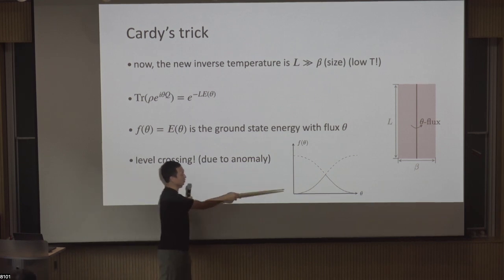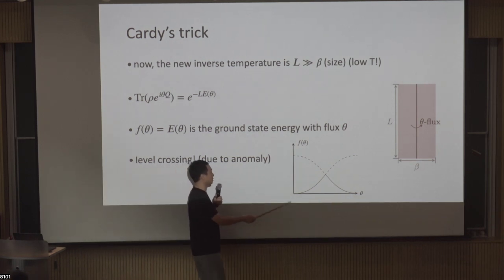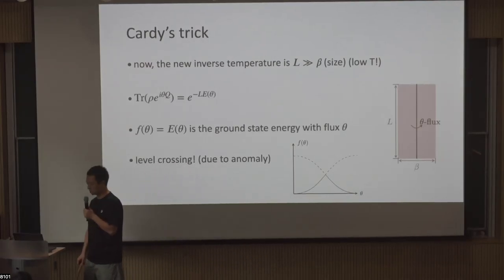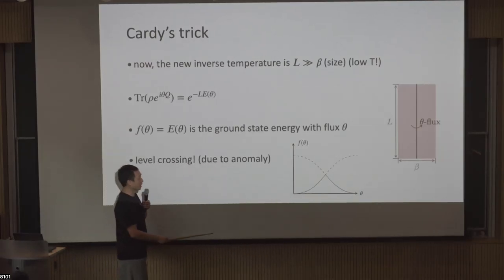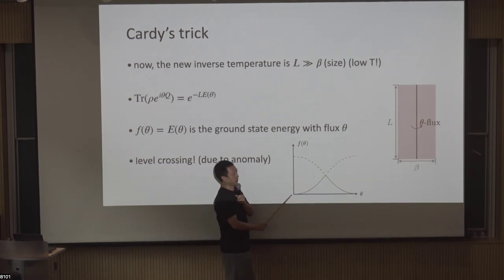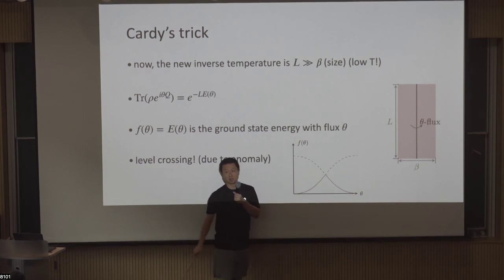You can go up or go down. So there's a level crossing. Or in a CFT, say a free boson, you have some vertex operator whose scaling dimension scales quadratically with theta. So you have a quadratic function here, but you have to repeat the same story for theta around 2 pi. So there will be a crossover here.